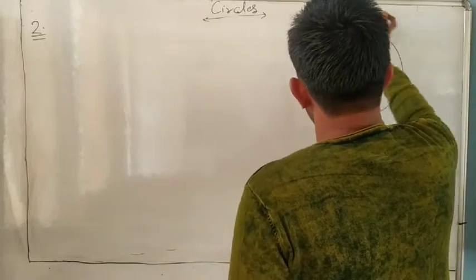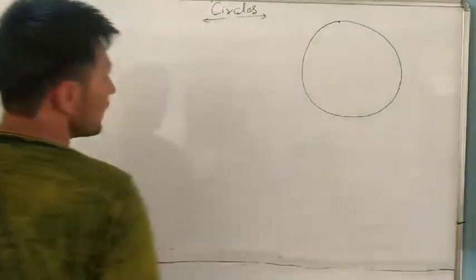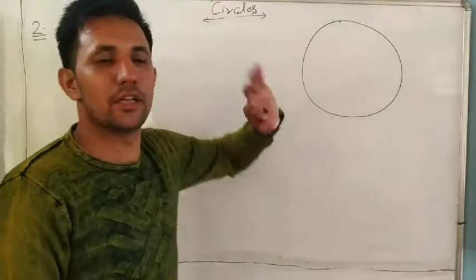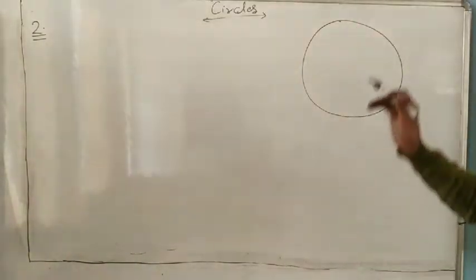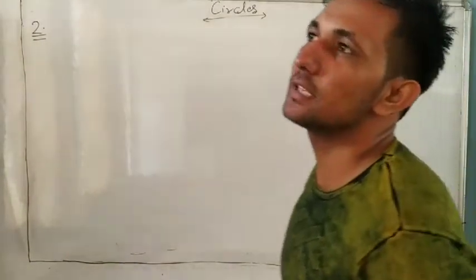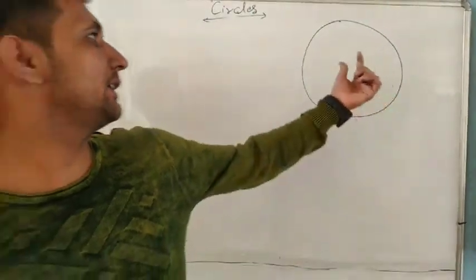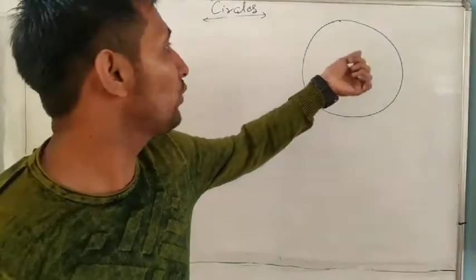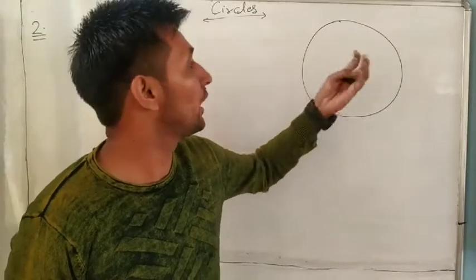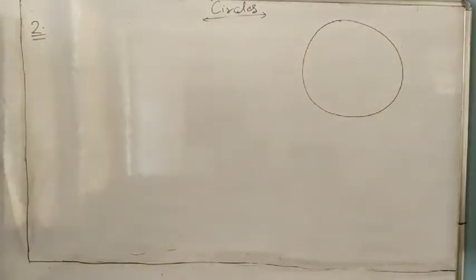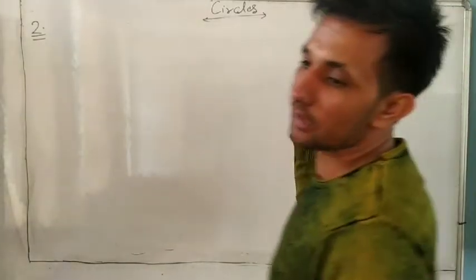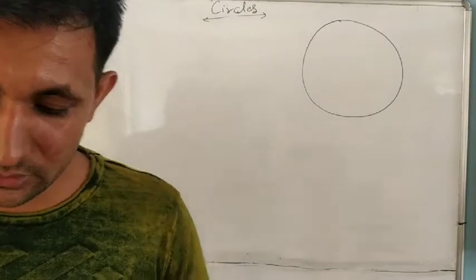It is a given circle and we don't know where its center is. How will you find its center? We have to write its construction.